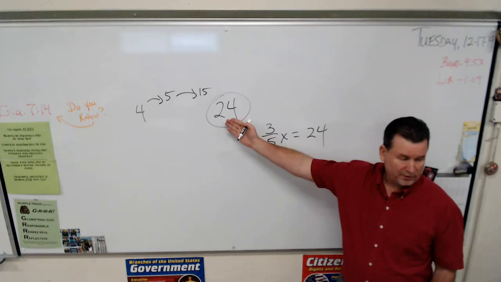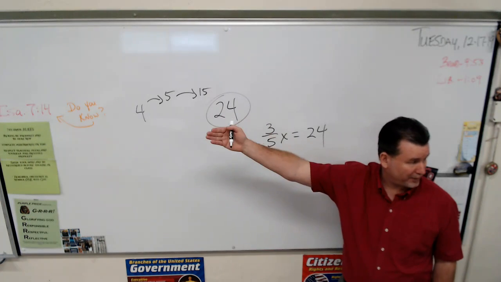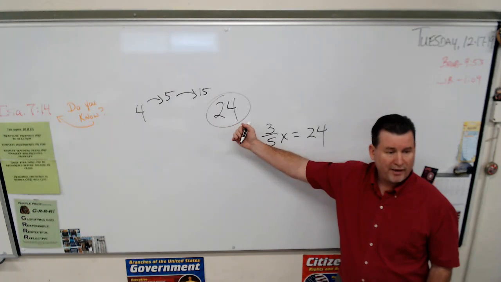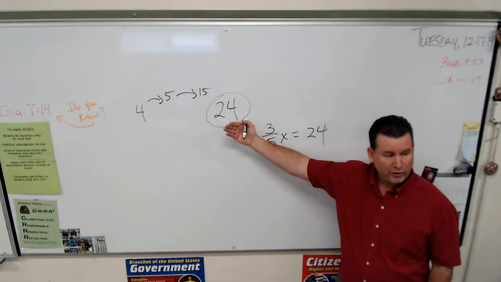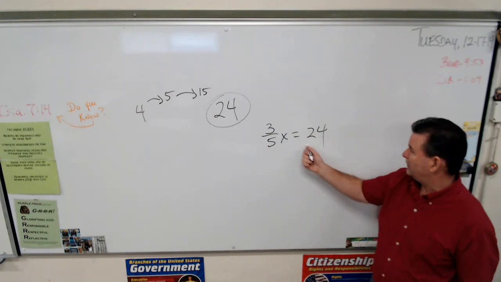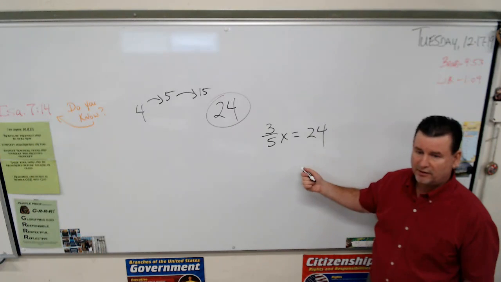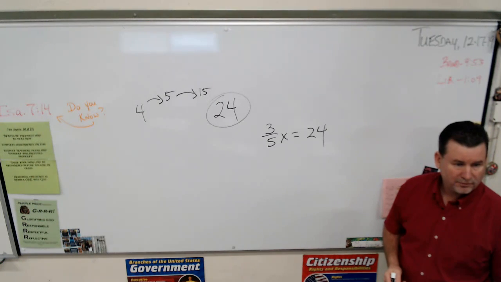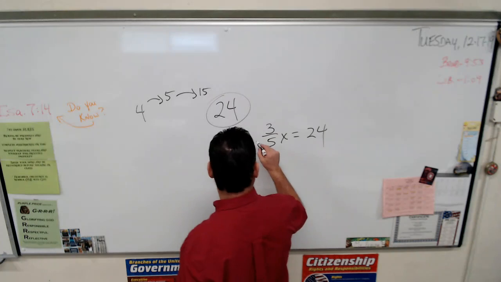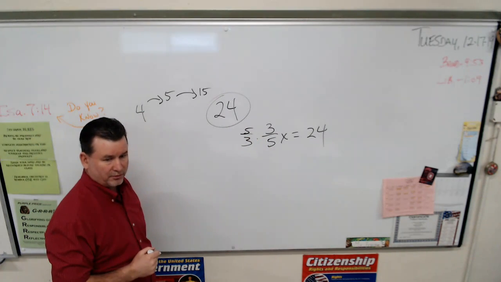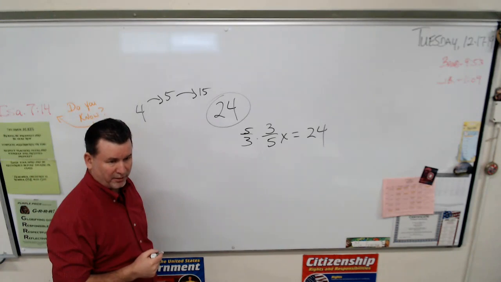You have 24 minutes once you put back your 5 minutes to the pizza and your 15 minutes to your brother. They told you that your original minutes you started with, you used 3/5 of them. You used 3/5 of the original minutes, and that got you to 24 minutes. So what's X? How do I get rid of this 3/5? You with me?